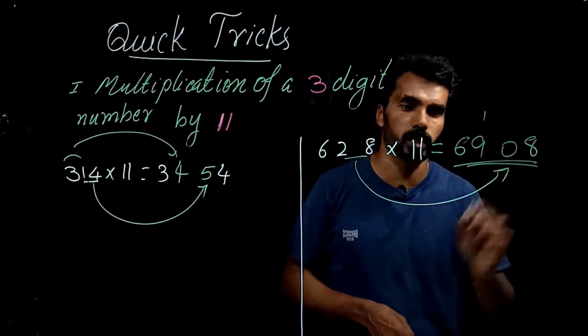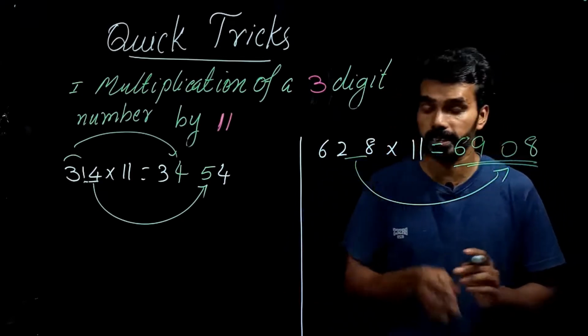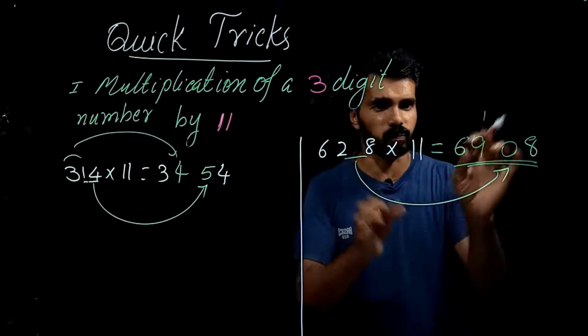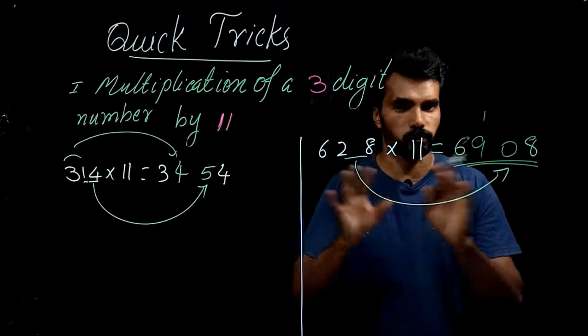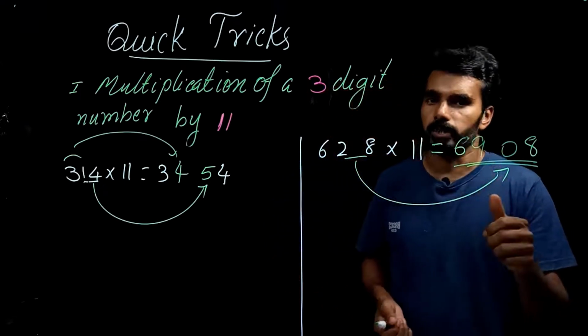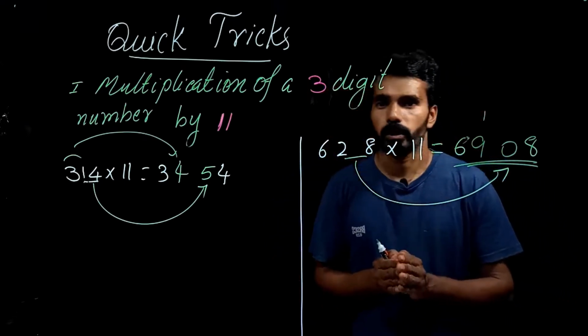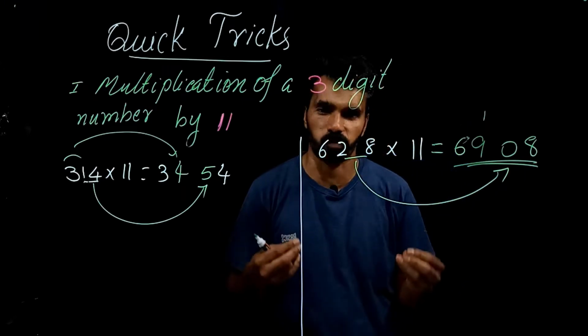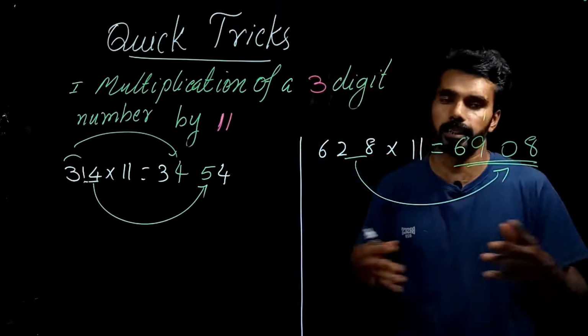So the answer is 6,908. If any carry figure is there, we have to write it. So for any 3-digit number also, this technique is very suitable and applicable. You have to practice more questions, then within fractions of seconds you will get the answer.